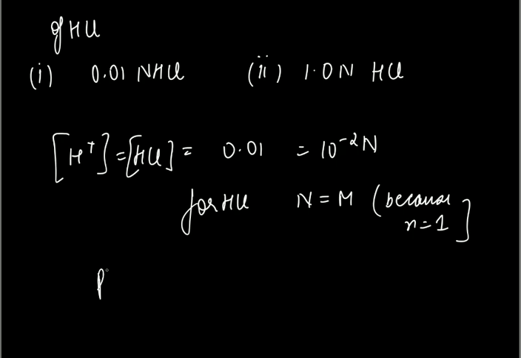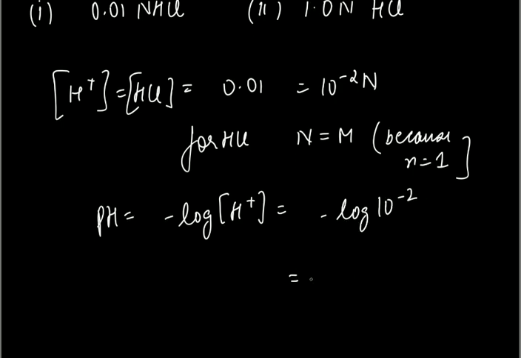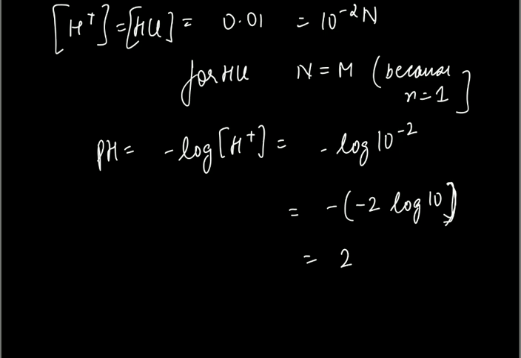So now pH, if we are calculating, is minus log of H positive ion concentration, minus log of 10 to the power minus 2. Again do the same thing. So minus, this will become minus 2 log 10 according to the formula which we discussed. So this will become 2, log 10 value is 1, right?